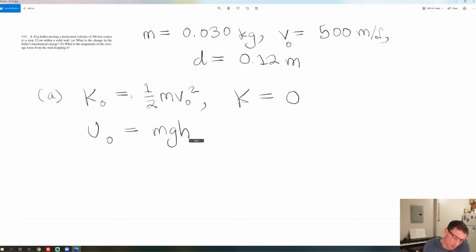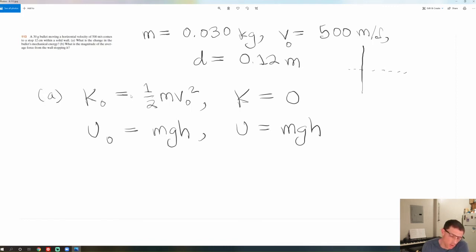this is just mgh, right? And this is also mgh because what we're imagining happens, and this is perhaps an approximation, but probably not a bad one, is that the bullet basically just moves in a straight horizontal line. And this is because it has such a large x component of velocity that probably the change in the y position is pretty much negligible, right?